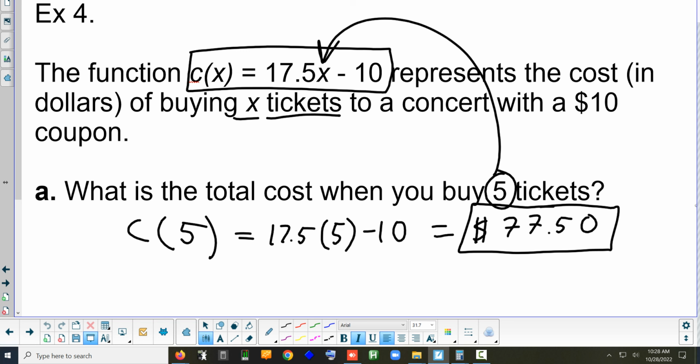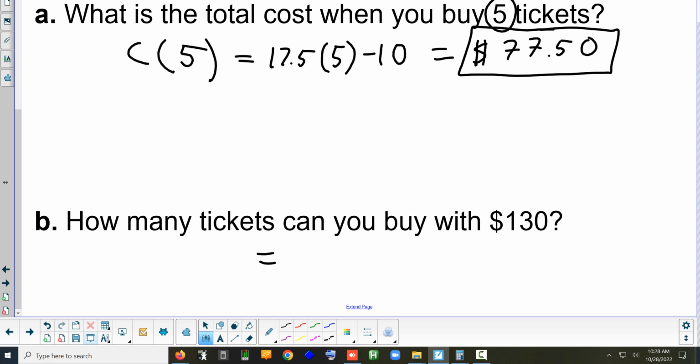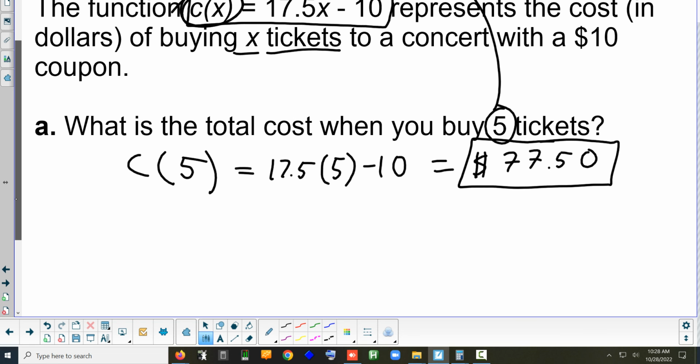The C of X. So this time, don't do anything on the right side. Just leave that the same. But the 130 is your cost. That's going to get filled in right where I circled. When you're filling in on the left, this is now like a SAM problem. You have to solve for the variable.